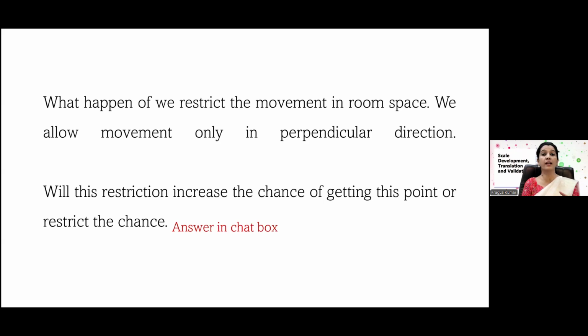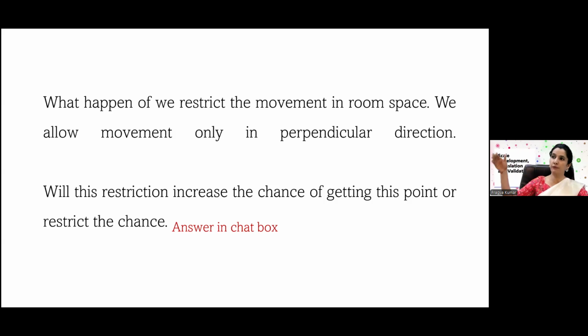So there are 2 ways of rotation. There's an orthogonal way and there is an oblique way. We'll see that. In orthogonal, you fix the angle between the two latent factors at 90 degrees. So if you fix that, there will be limitation in movement.